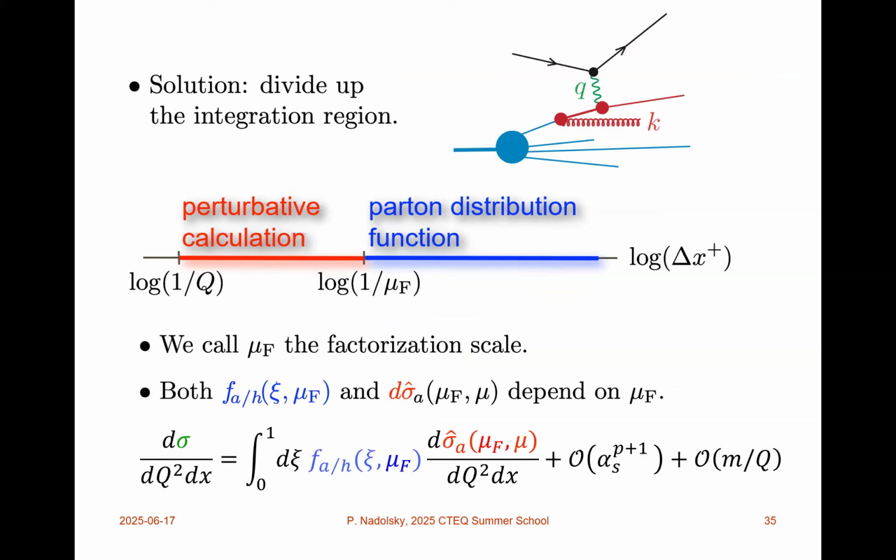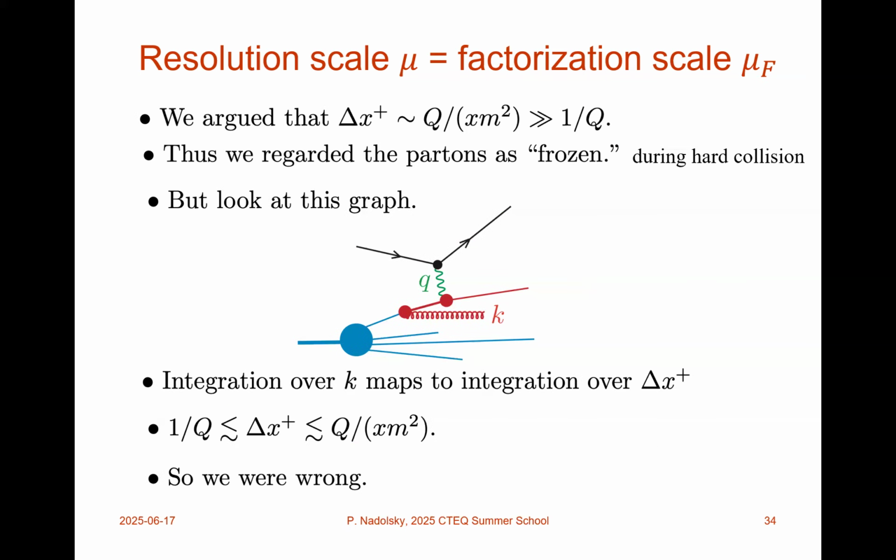So in fact, what you will also see is the following: whenever we integrate over this range, it is very large, because 1/Q is a very small number and Q over x m squared is a very large number. So whenever we calculate the contribution to the scattering, we have to integrate over a large range.